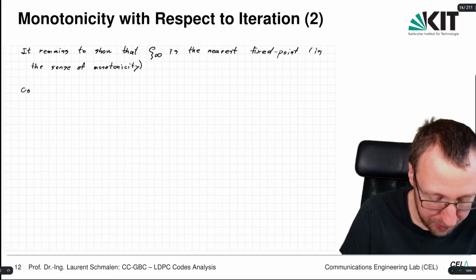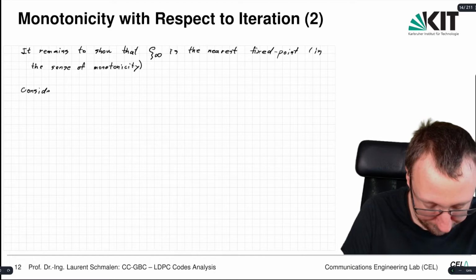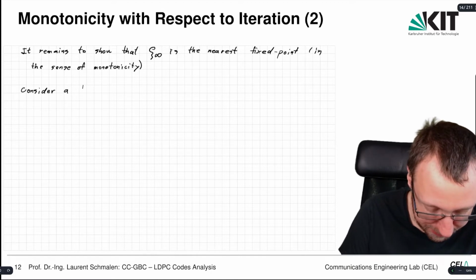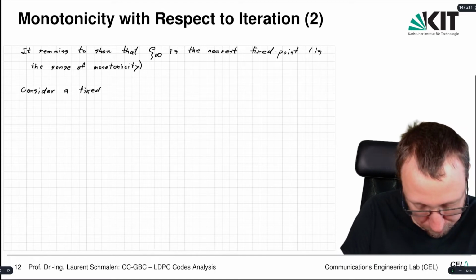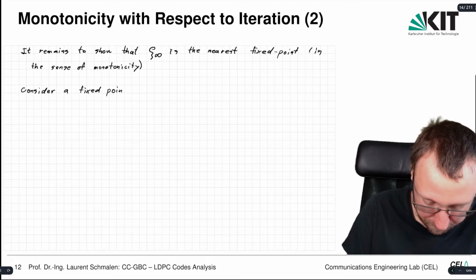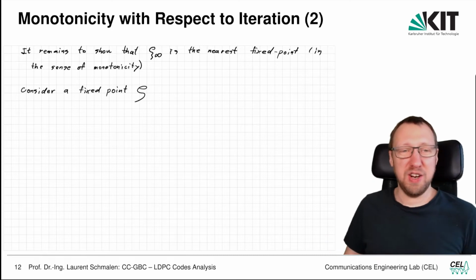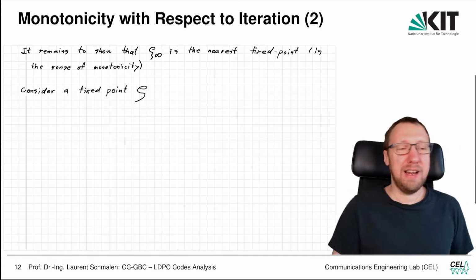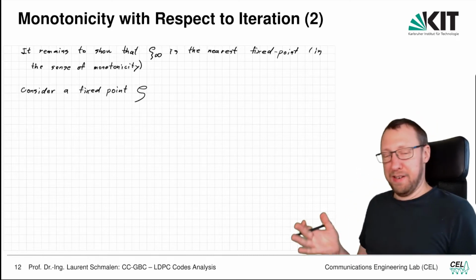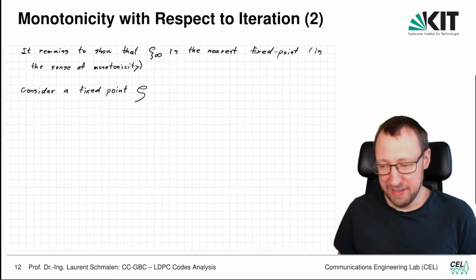Well, we start by considering the fixed point theta. So this is a teaching in Greek letters. We know the Greek letters from COVID, and here we learn some different Greek letters.